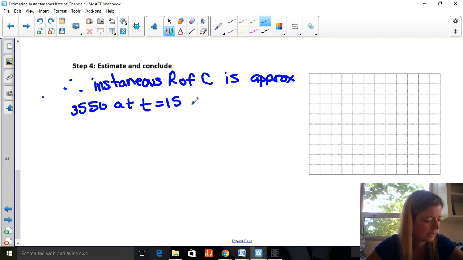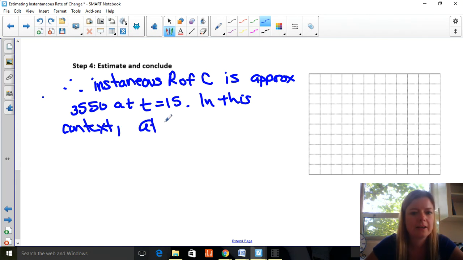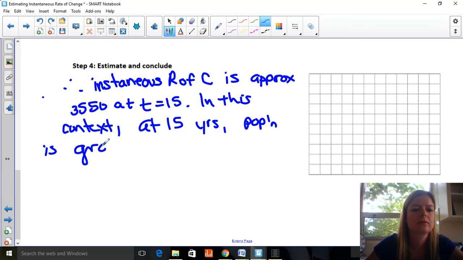So at 15 years, in this context, the population is growing by 3,550 people per year.